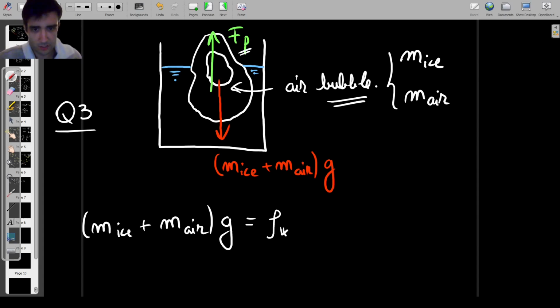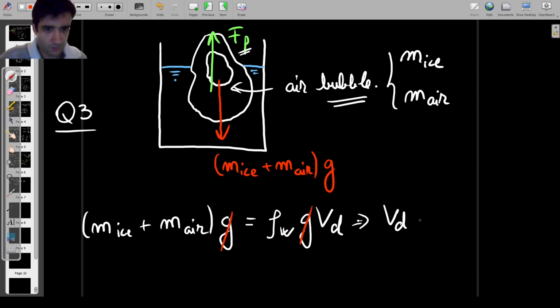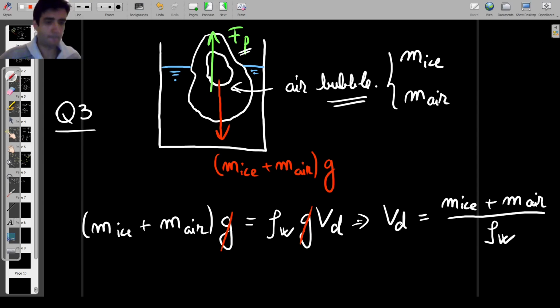So it's just the rho of the water times g times Vd. Okay, and as before, the g's cancel out, so we'll end up with the displaced volume of water as being m ice plus m air divided by the density of the water. Okay, so that's one thing.